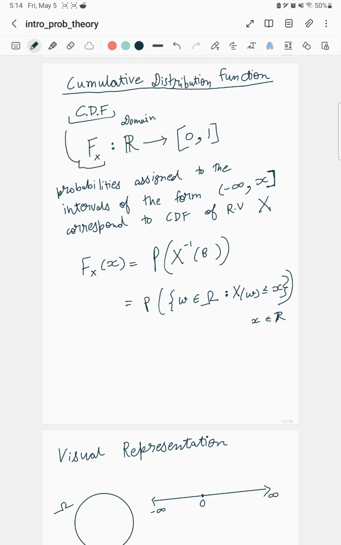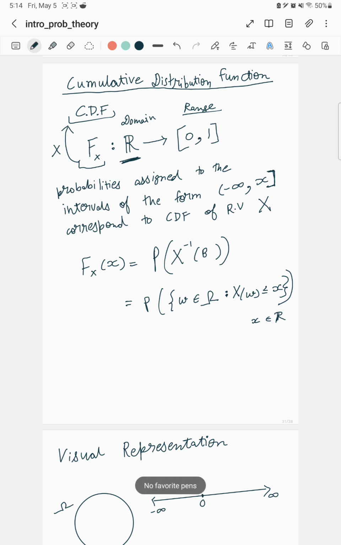This is the CDF. You can denote it as capital F of x. So this is the cumulative distribution function for the random variable X, and its domain is the real number line, and its range is the interval 0 to 1. So you can see that its range is the same as that of the probability measure's range.